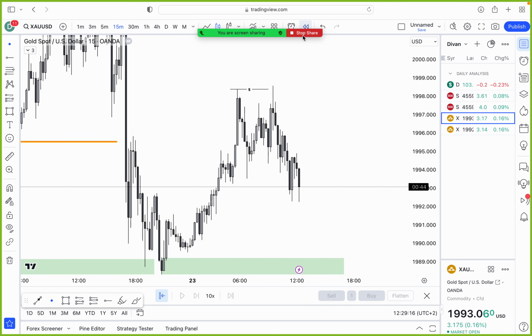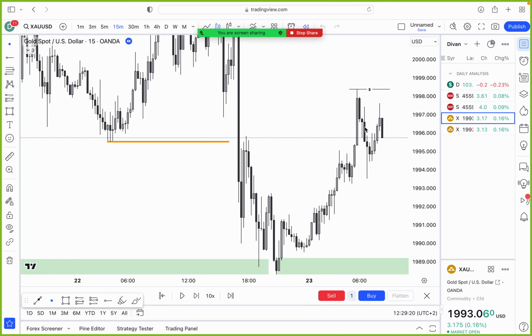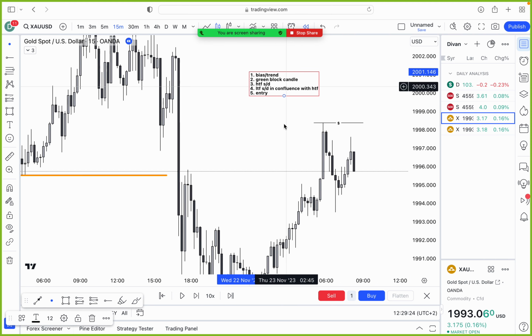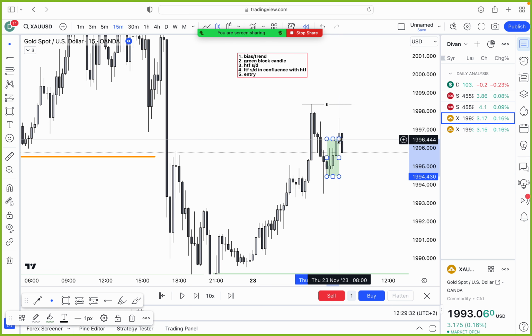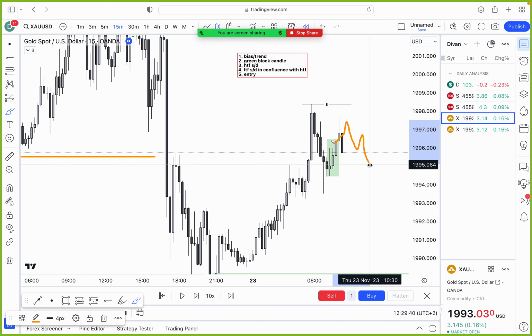Let me replay it to where it was. It was about 8:30. 8:30 was about the time we took the trade. So bias was bearish. We do not have the green block candle here yet, but so 7 to 8, we had the green block adding to confluence. It broke the high, meaning it was in confluence with our bearish bias.